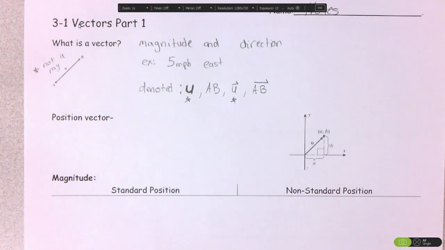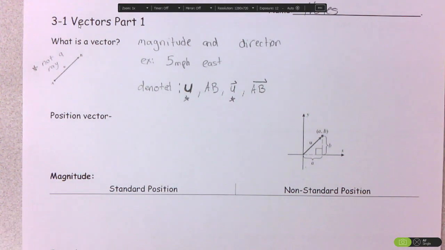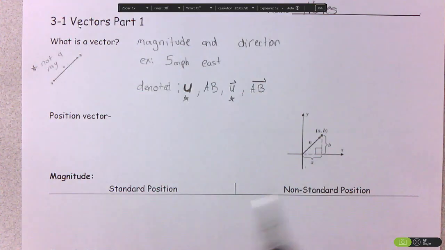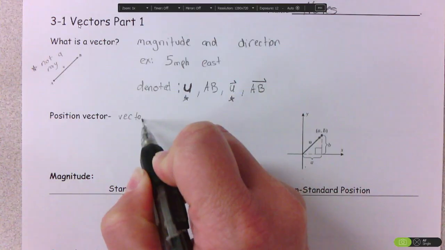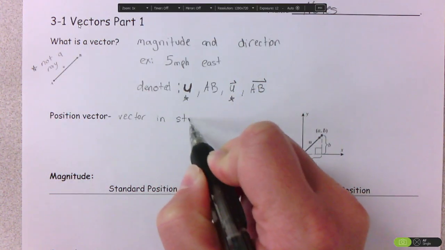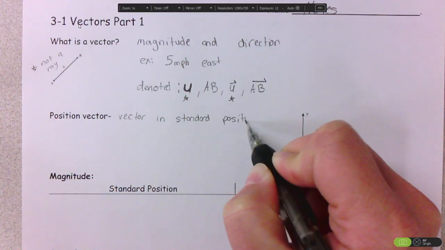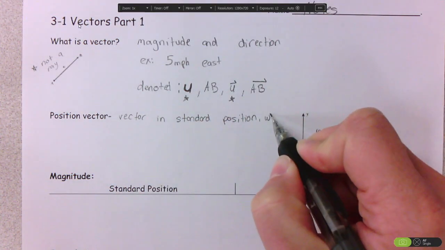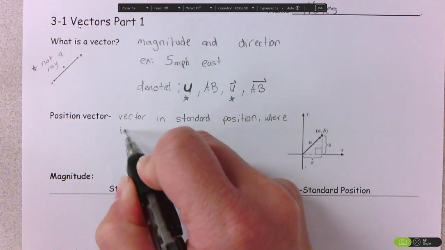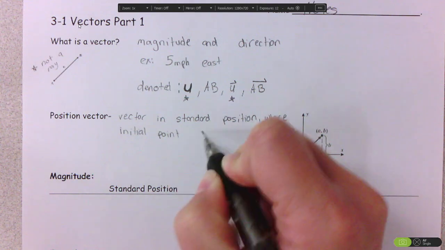Okay, so we have position vectors, and that is our vector in standard position. So there's not a lot we can do unless our vector is in standard position, and that just means that it starts at the origin. Okay, so a position vector is a vector in standard position and the initial point is at the origin.